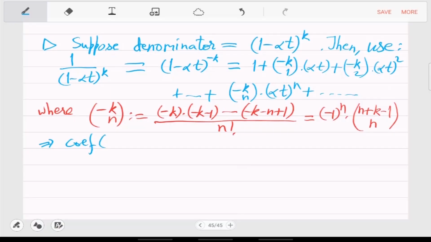Okay. So the coefficient of t raised to n that you are always interested in in this generating function or in this rational function expansion as a power series, this is, is there a problem with the sign?